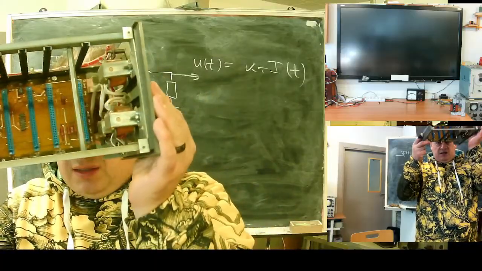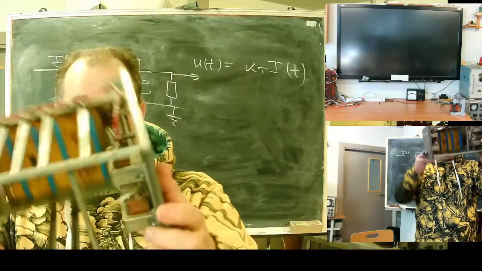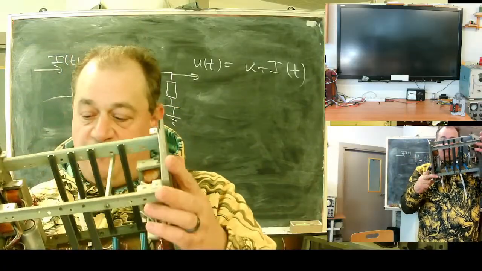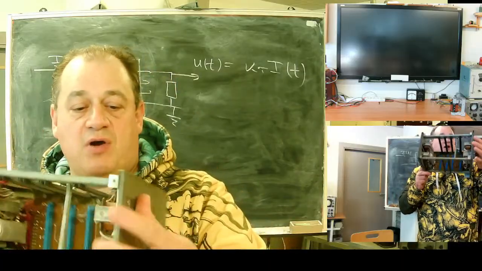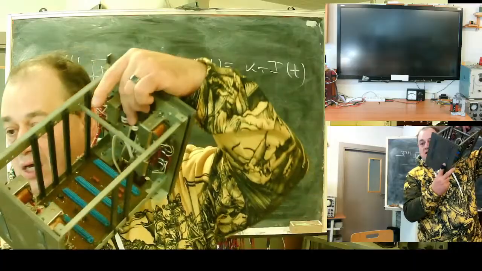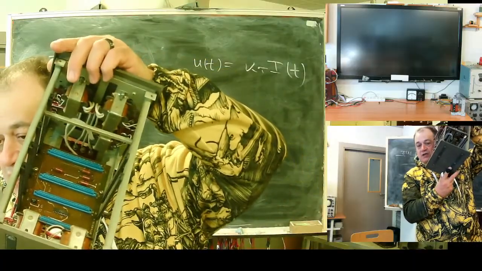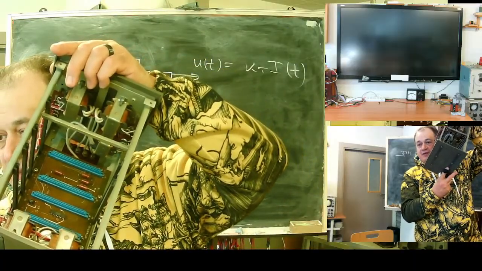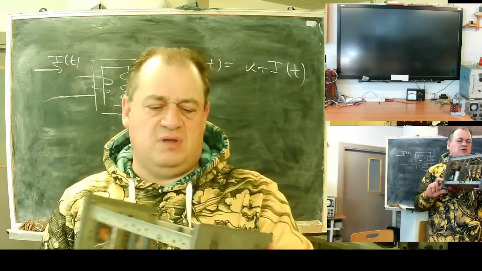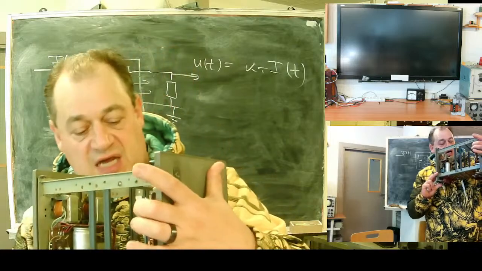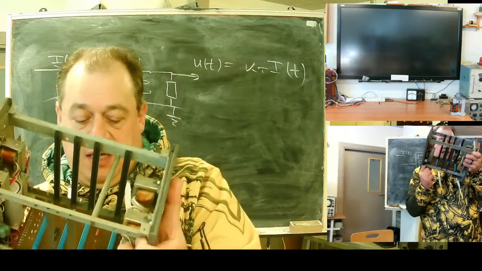This is current input. So we have a set of 1, 2, 3 current transformers here. Typical current transformer. You can see quite a huge primary wire with few windings, 2 or 10, I can't remember. Thin secondary, and here they are.